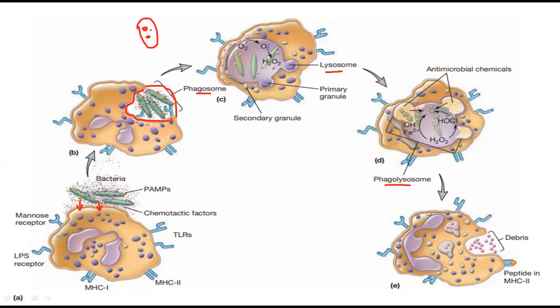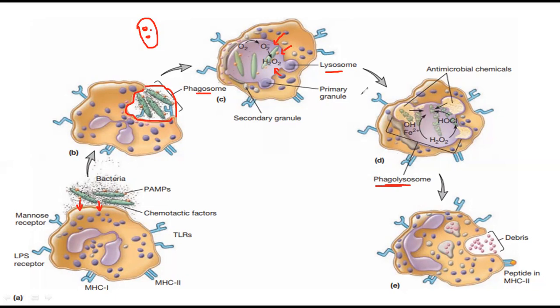These lysosomes get attached with the phagosome, and they release their hydrolytic enzymes into the phagosome. When they attach to the phagosome, it is known as the phagolysosome, and the lysosomes of the immune cell contain high amounts of hydrolytic enzymes.